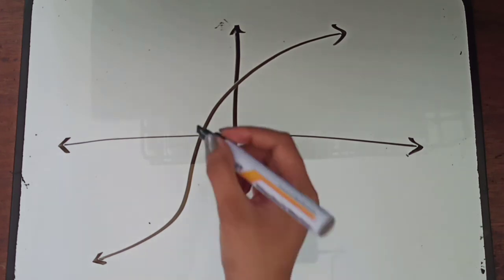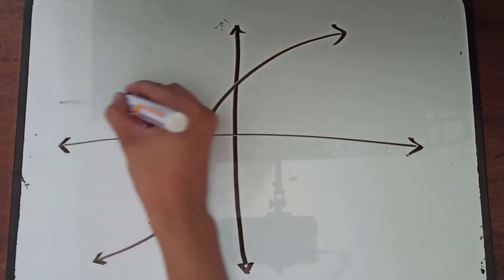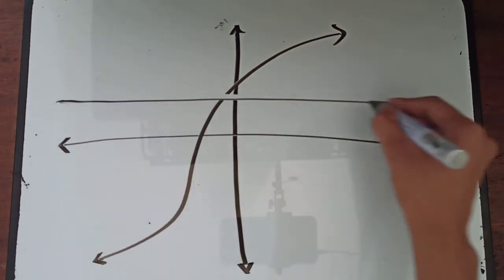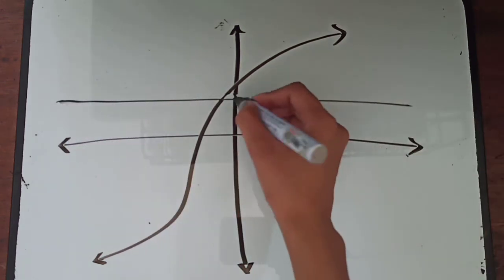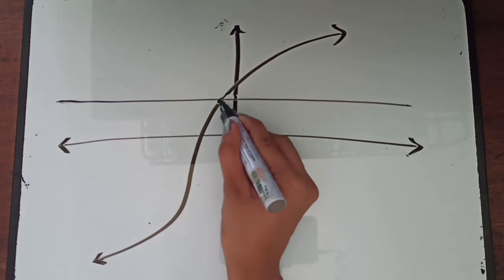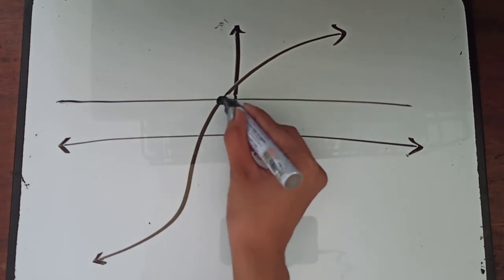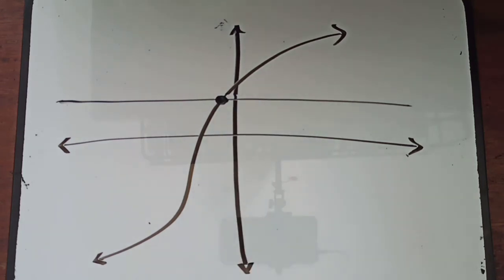Using our horizontal line test, kung magdodrawing ka ng horizontal line, at iisang point lang siya nag-intersect, ibig sabihin this is a one-to-one function. Since one-to-one function yan, meron yang inverse function or meron yang inverse na function pa rin.